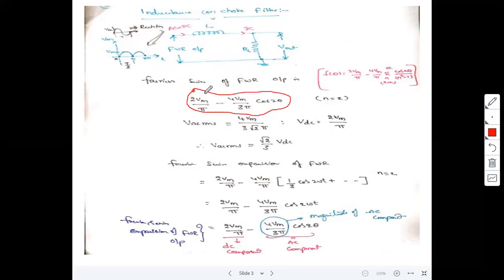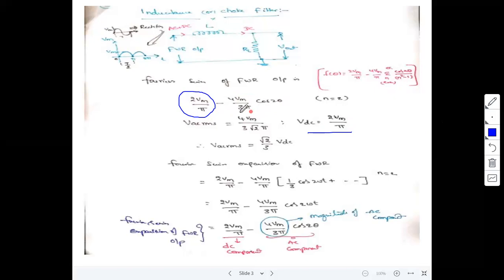The filtered output is 2 Vm by pi minus 4 Vm by 3 pi cos 2 theta. The first term represents the DC component, VDC is equal to 2 Vm by pi, and the second term represents the AC component.